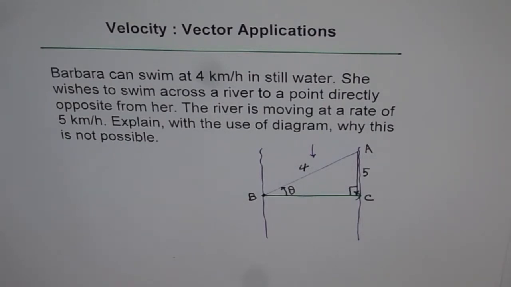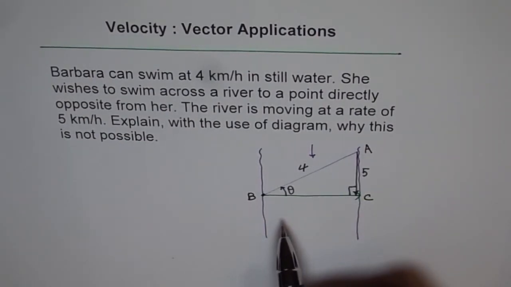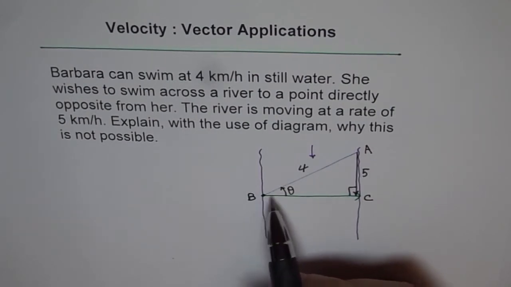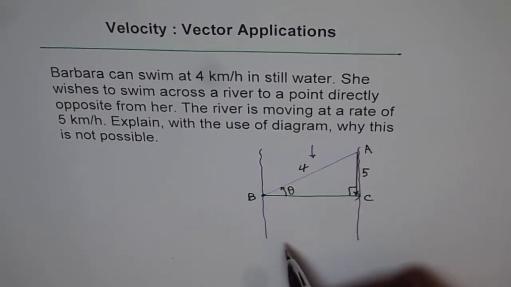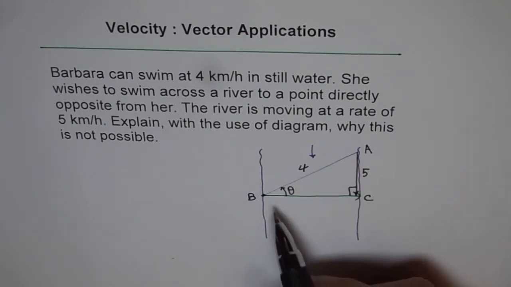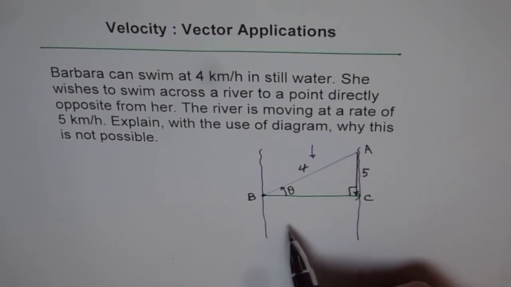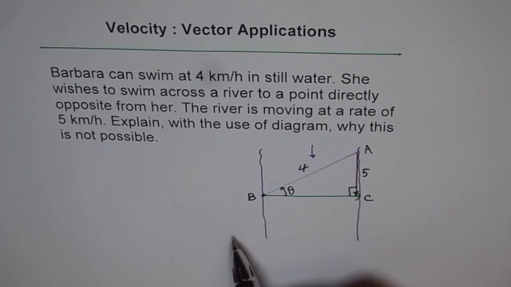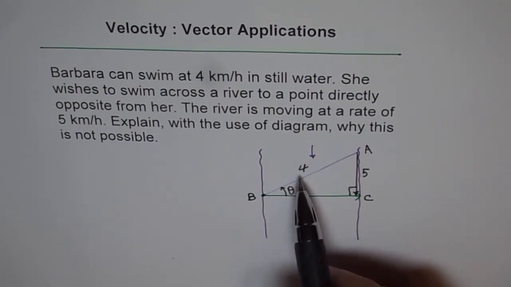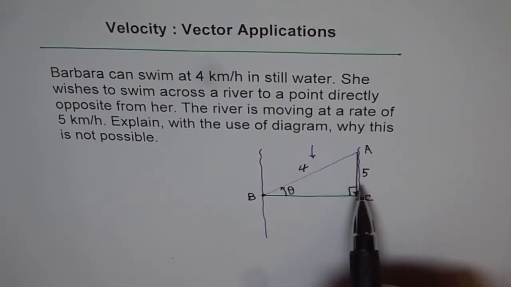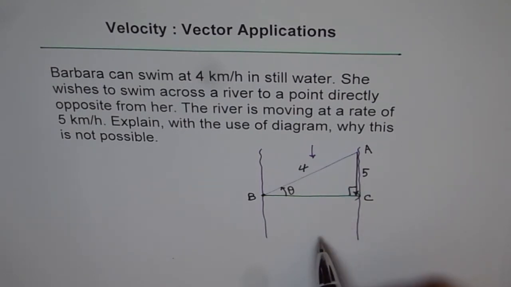In short, whenever you make a triangle, if the hypotenuse is not longer than both the sides, then that right triangle is not possible. Therefore, in this situation, it is not possible for Barbara to swim right across when her speed is 4 kilometers an hour, whereas the river is flowing at the rate of 5 kilometers an hour.